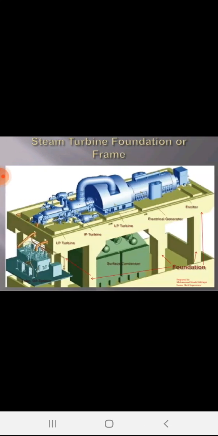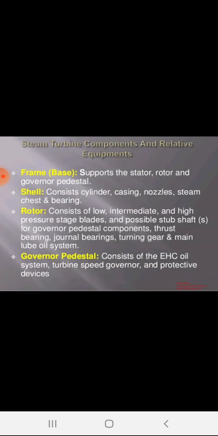Steam turbine foundations: the frames support the high pressure turbine, intermediate pressure turbine and low pressure turbine, and electricity is generated in the generator. Steam turbine components and related equipment. The frame bases support the stator or casing, rotor and governor pedestal.